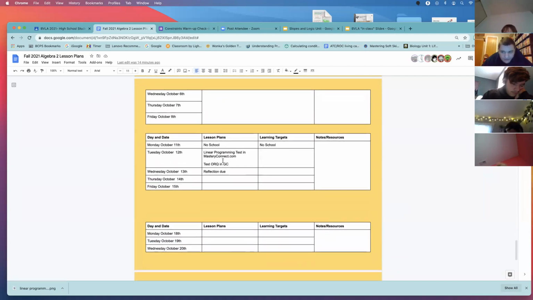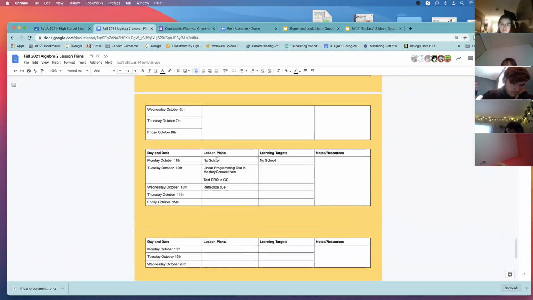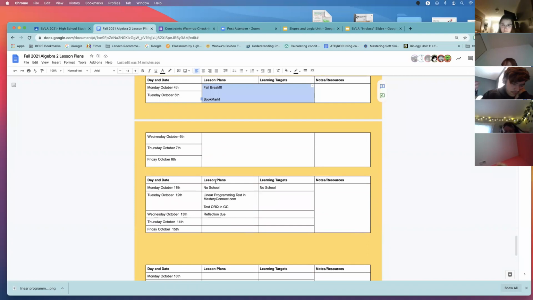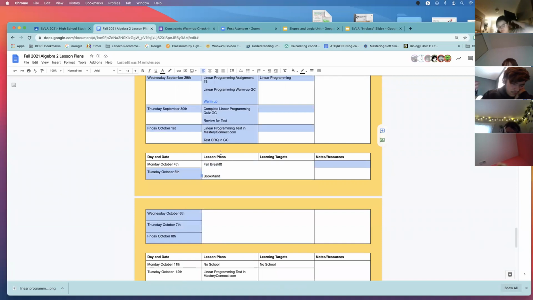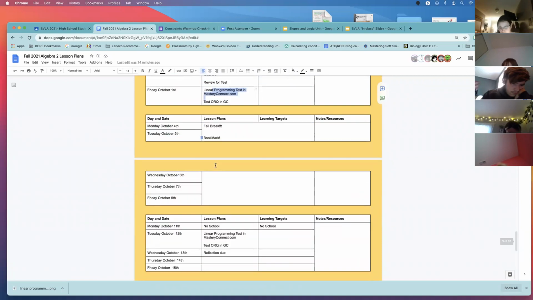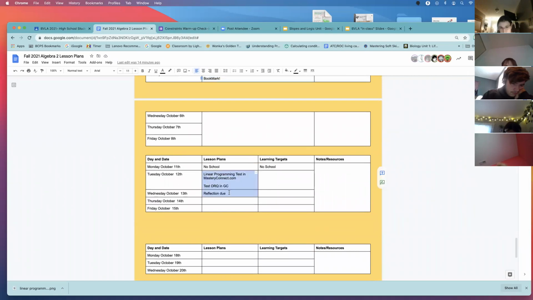I think fall break could be a good time for me to work on it. Yeah, it could be. If you do the test on Friday and then fall break, then you don't have any new assignments Tuesday, Wednesday. Now Wednesday, I'm going to put the reflection on, because the reflection is just tell me how you felt about the unit.